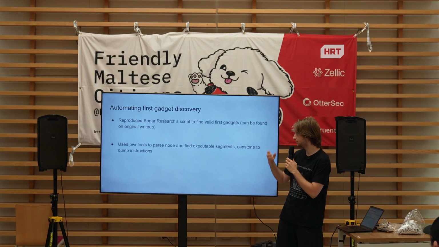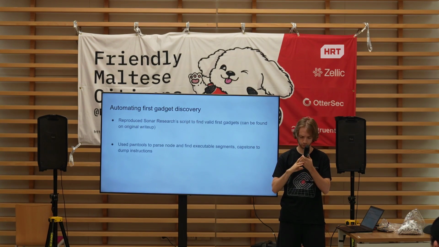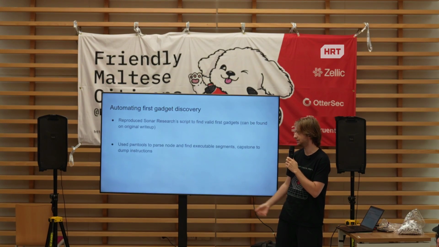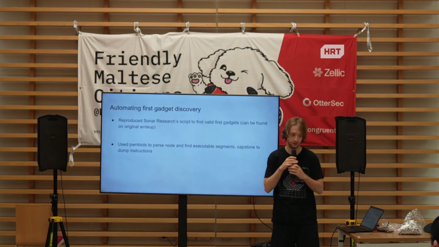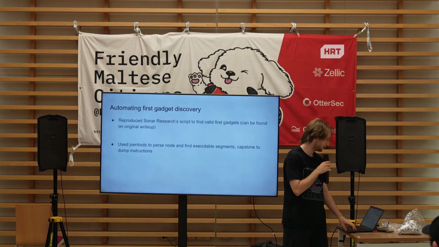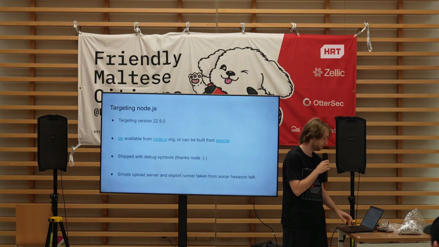Then I went through them and found interesting gadgets that just ended in ret. If they were valid addresses within the range, I dumped the instructions with Capstone. And we're going to see the gadget that we came up with soon.